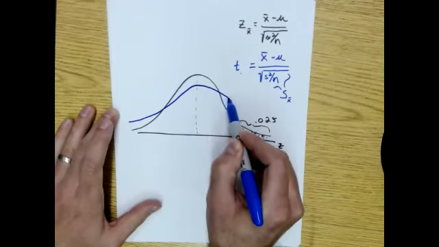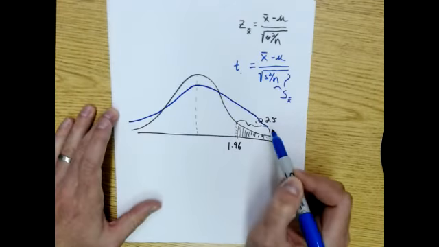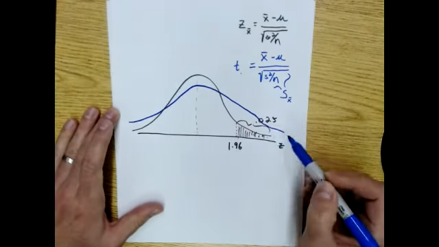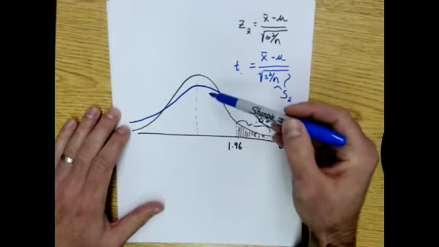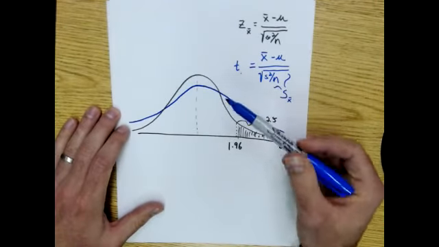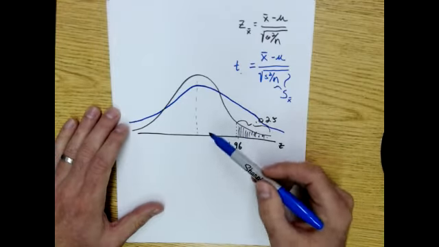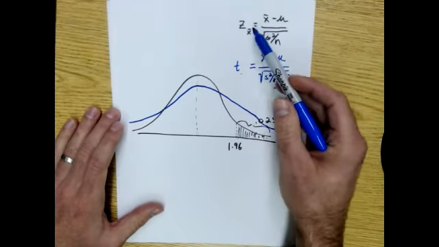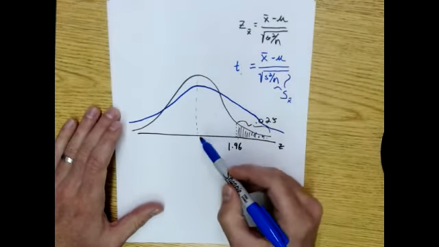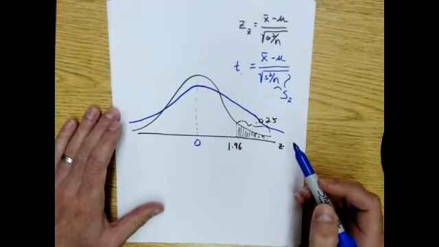So when I turn these into T values, those T values will have what looks like a normal distribution. Sorry for my drawing, it's a little bad here. It's still going to be centered around the same value, the population mean. So when we turn the population mean into a Z or a T value, it'll still be 0.